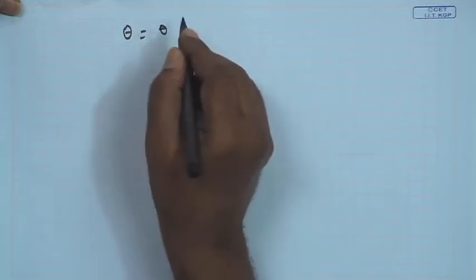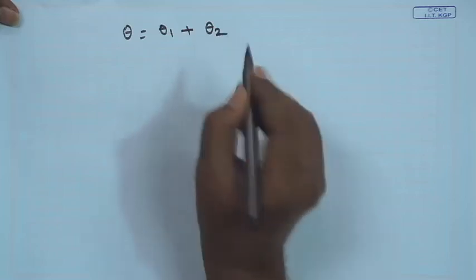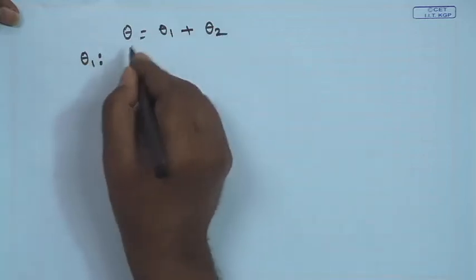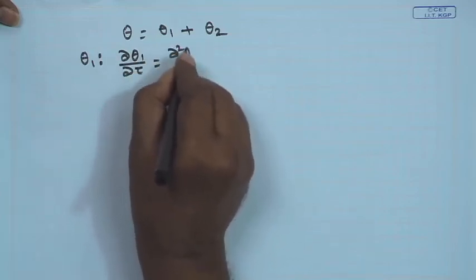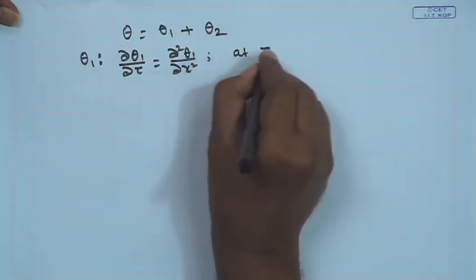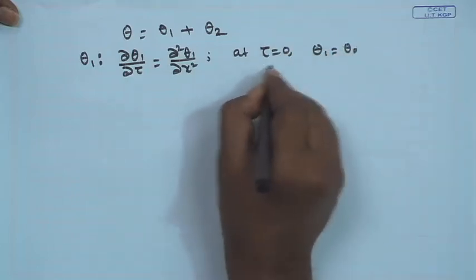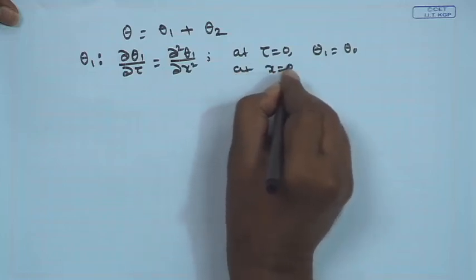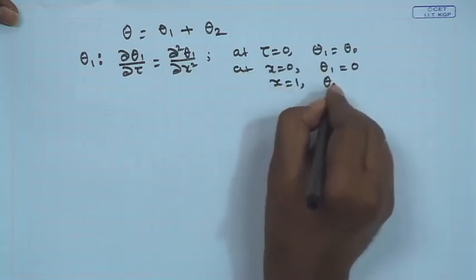So, I break down this problem into 2 sub problems, theta is equal to theta 1 plus theta 2, where theta 1 is the sub problem del theta 1 del tau is equal to del square theta 1 del x square, and at tau equal to 0, I consider theta 1 is equal to theta naught, and at x equal to 0, theta 1 is equal to 0 and at x equal to 1, theta 1 equal to 0.